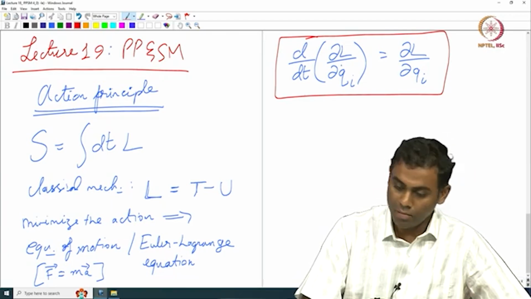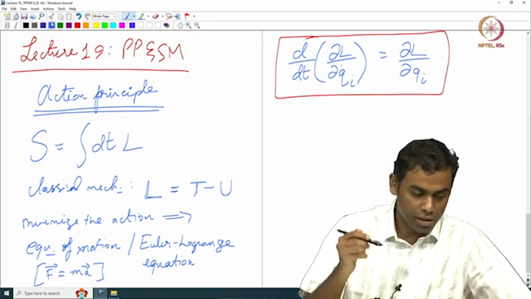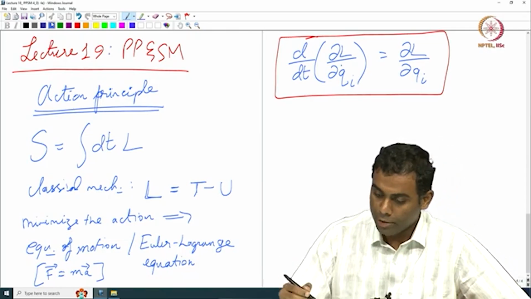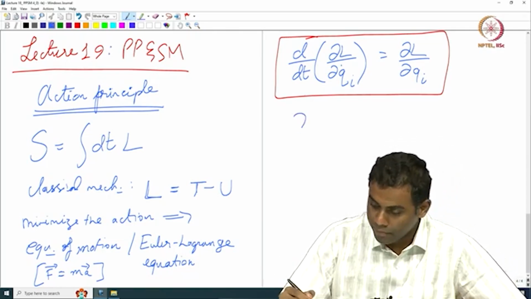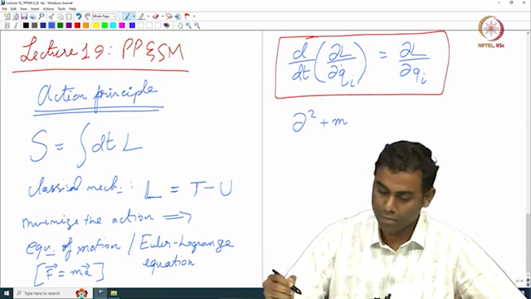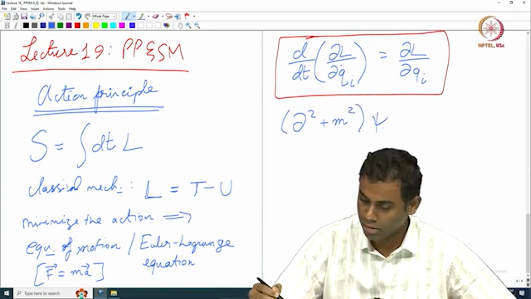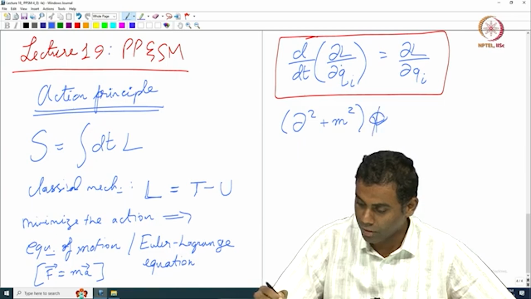So when we want to derive equations of motion in field theory such as the Klein-Gordon equation, right? We had this, correct, as the Klein-Gordon equation. I'm just going to start writing phi, okay.